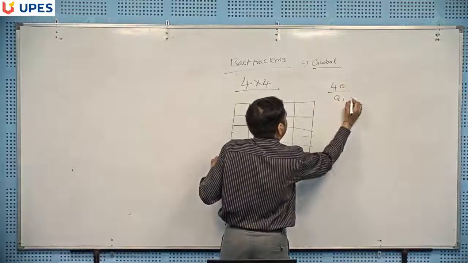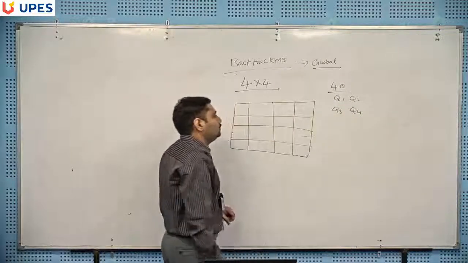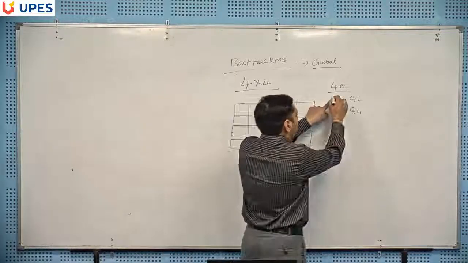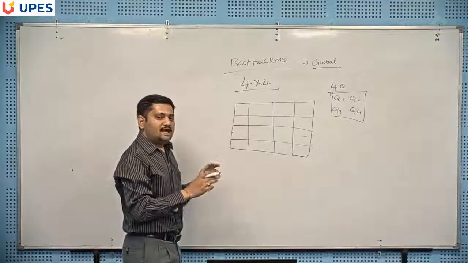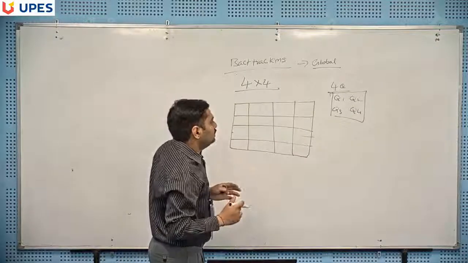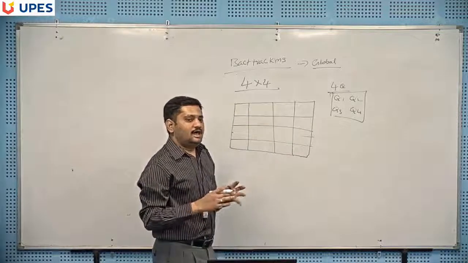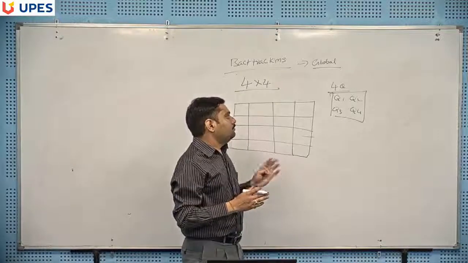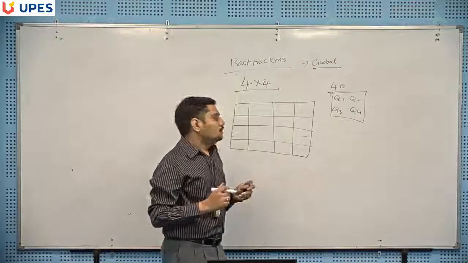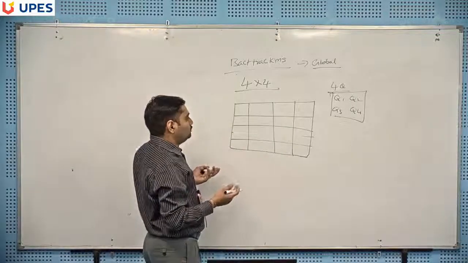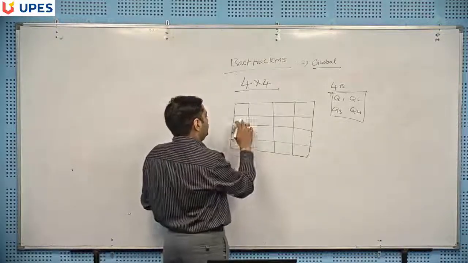Let us assume Q1, Q2, Q3, Q4, and you need to place all these 4 queens on this chessboard without attacking each other. We know that a queen moves diagonally, horizontally, vertically, except in an L shape. Any queen moves in all directions.